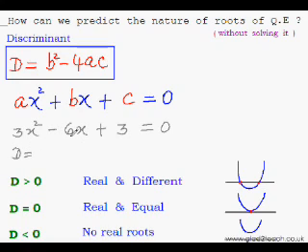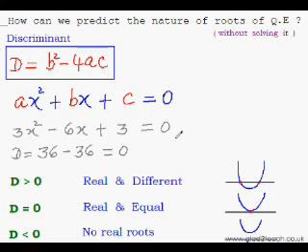B square is minus 6 square, which is 36, minus 4ac. 4 times 3 is 12 and 12 times 3 is 36. So 36 minus 36 is 0. D is equal to 0. That means the roots of this quadratic equation would be real and equal.